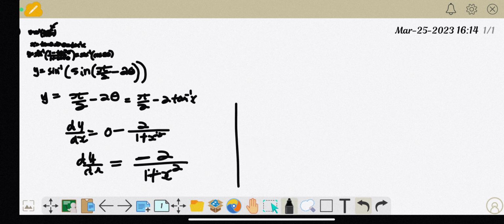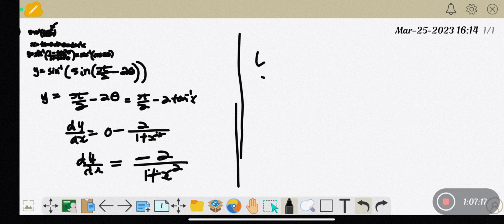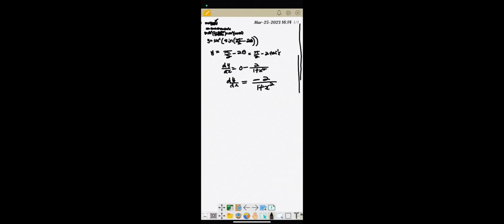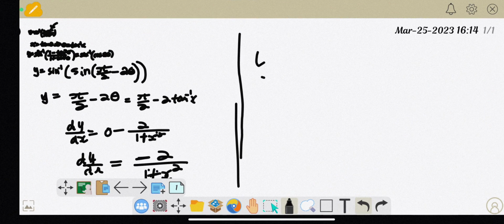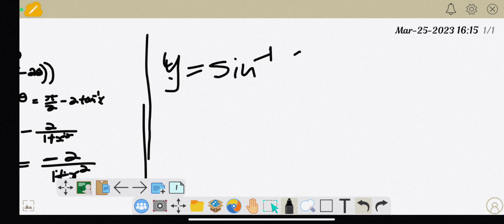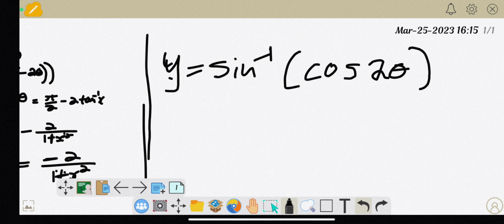So here y is equal to sine inverse of... what if I use... so this was our function, cos 2 theta. I want to convert it to a sine function.